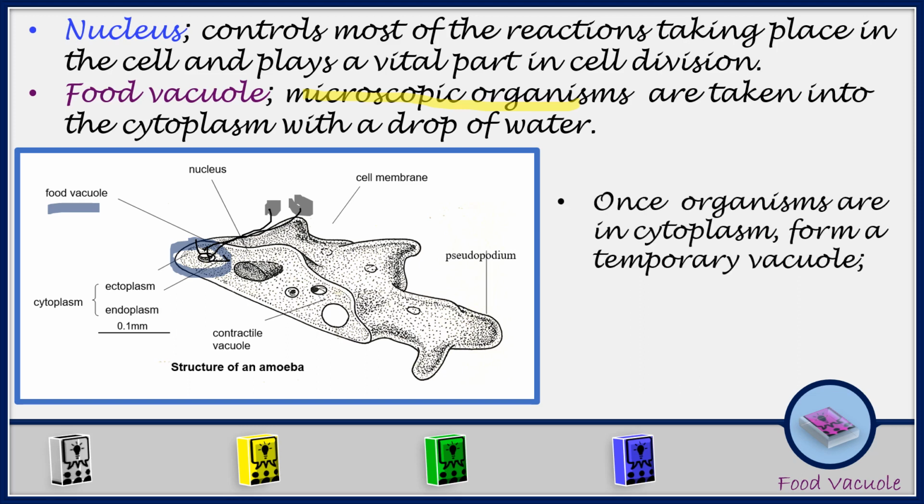Now, once these organisms are in the cytoplasm, they will form what we refer to as a temporary vacuole. When they enter the cytoplasm, they form smaller structures that we can call the food vacuole.